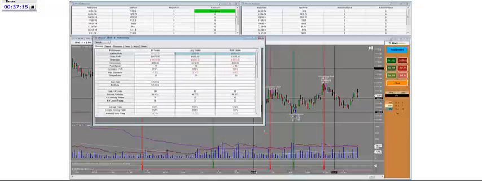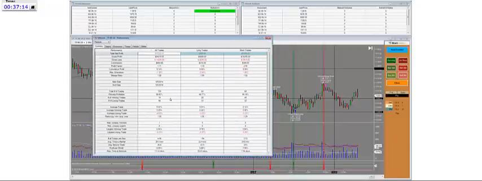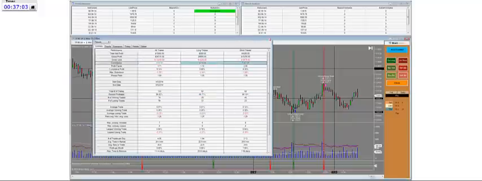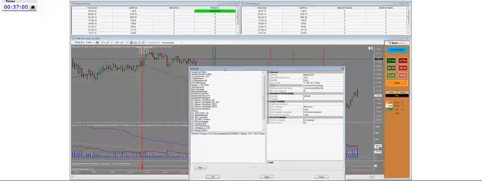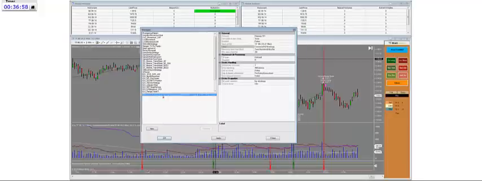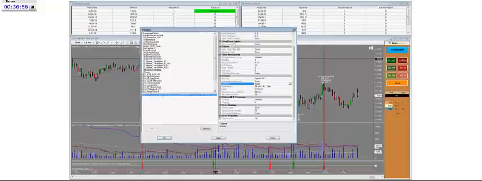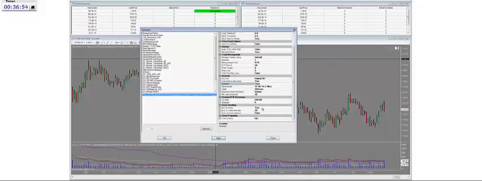10K, 1.7 profit factor, 57%. Okay, but, and this is a question you always need to ask. See, I do have commission here, but I haven't factored in slippage. And of course, on an intraday system, you want to factor in slippage. And you want to always make sure that any results that you see have that factored in.